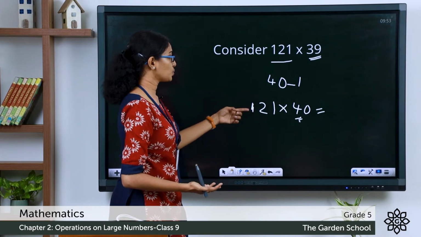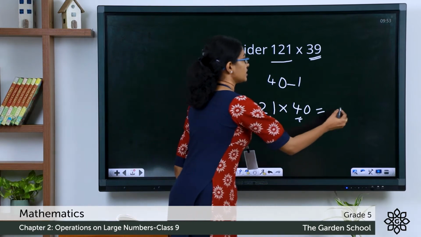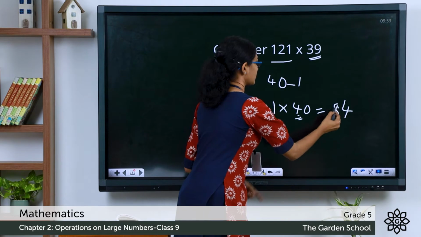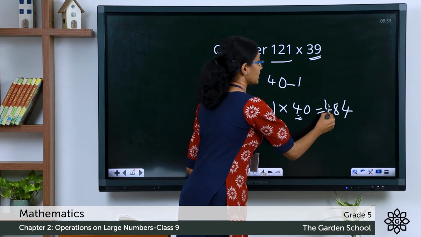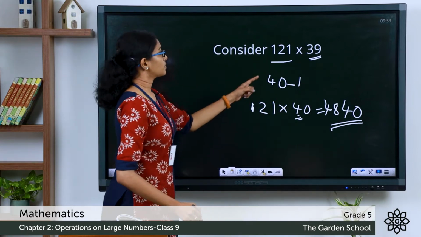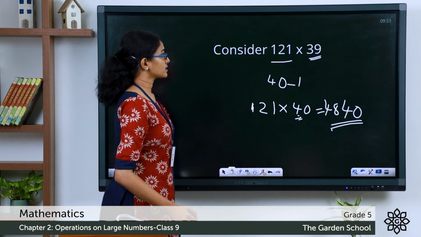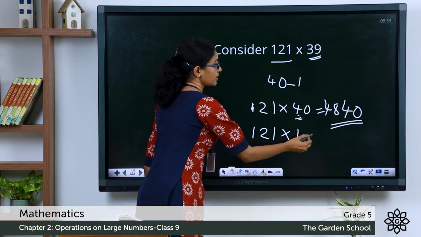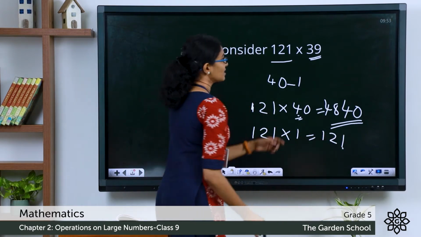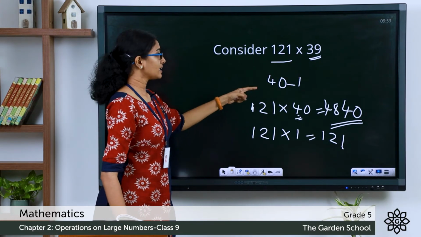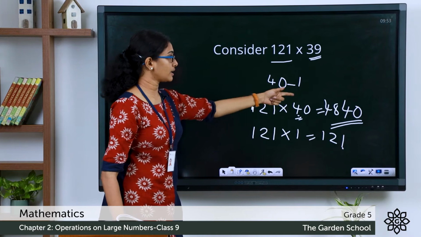So we can just do 121 into 4, which is equal to 4 ones are 4, 4 twos are 8 and 4 ones are again 4, and just add the 0 to the product. Now, what is remaining? 1 is remaining. So 121 into 1, it is 121 itself. So the multiplier was actually 39 and we took 39 as 40 minus 1.